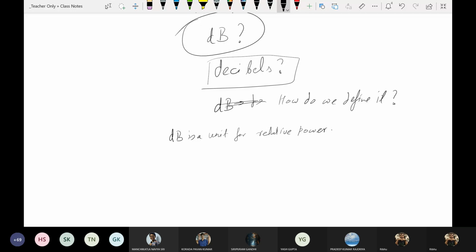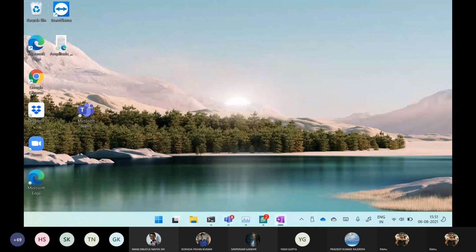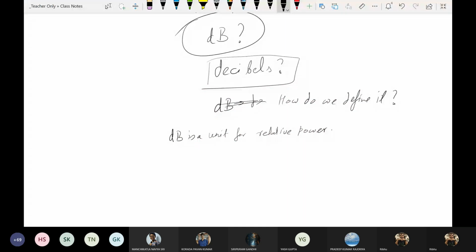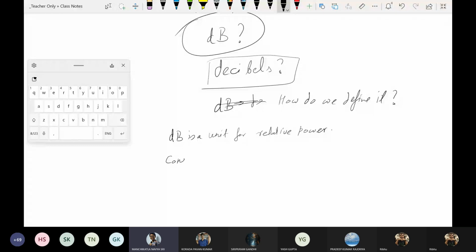So I'll talk in terms of an amplifier. Consider an amplifier that takes a sinusoid with an amplitude A1 and gives out A2.